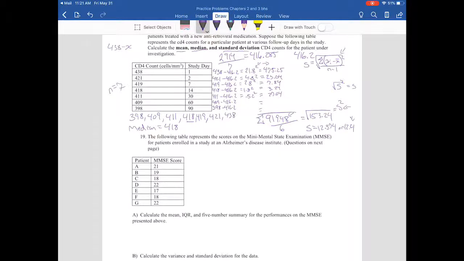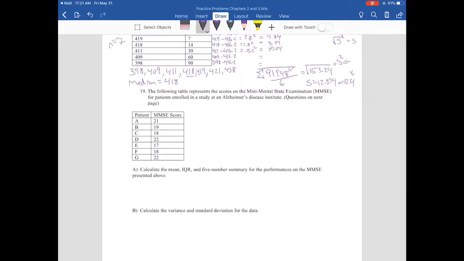All right, so moving on to number 19 here. I'm going to move this quickly so that way I can finish the next problem also in this video. So once again, we're doing the same things we've been doing. One thing we want to do is put this in order, because we're going to be finding our 5-number summary.